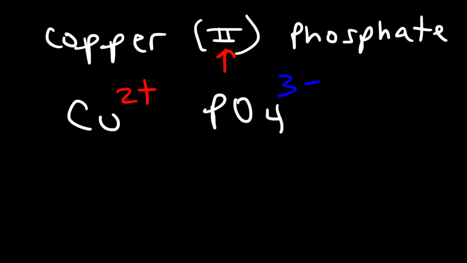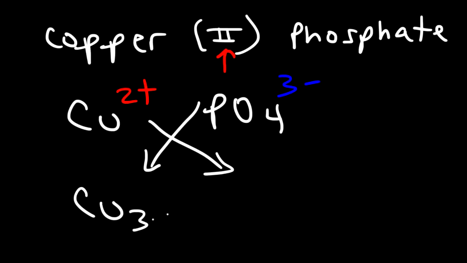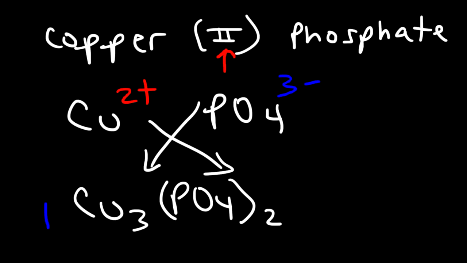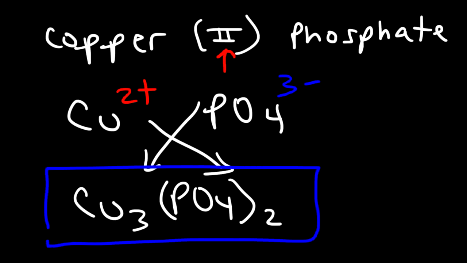Now this time, let's swap the charges and write them as subscripts. So it's going to be Cu3 and then PO4. So we need to write this within a set of parentheses. And then let's write the 2 as a subscript. So this is going to be the answer. So anytime you have multiple polyatomic ions, you need to write it within a set of parentheses.